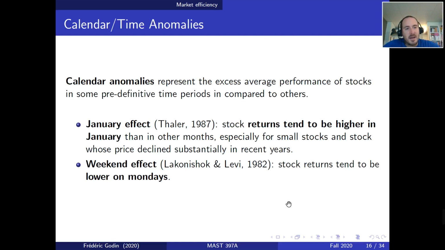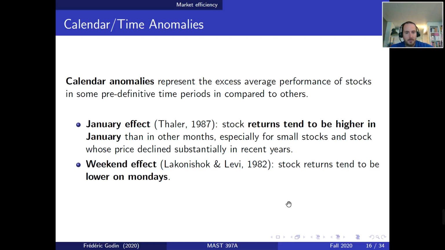So the first type of anomaly that was identified by some researchers is calendar anomalies. Calendar anomalies represent situations where stocks have a higher average performance in some given time periods of the year or of the week in comparison to other time periods.